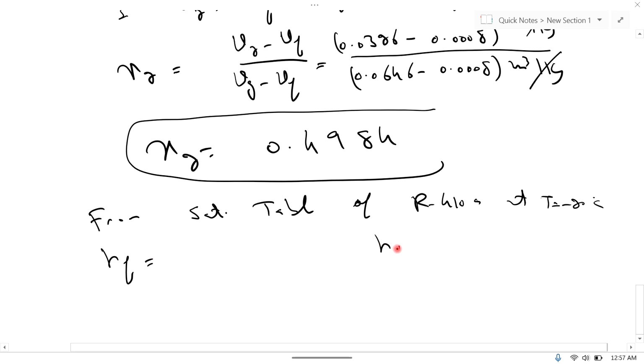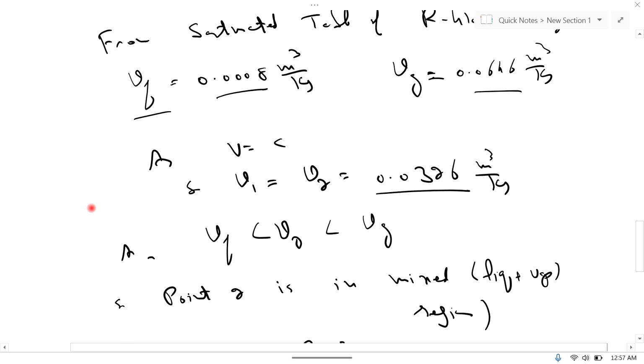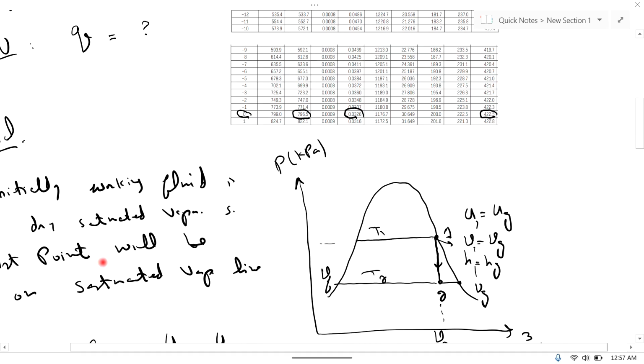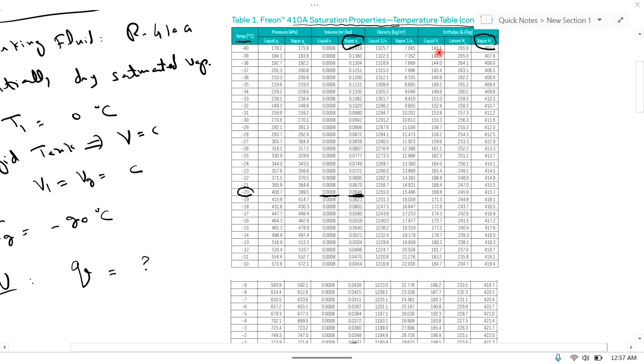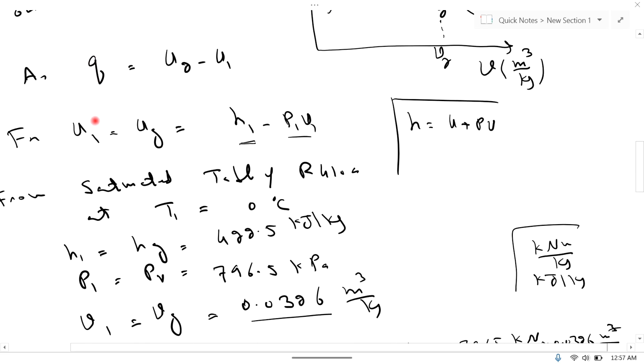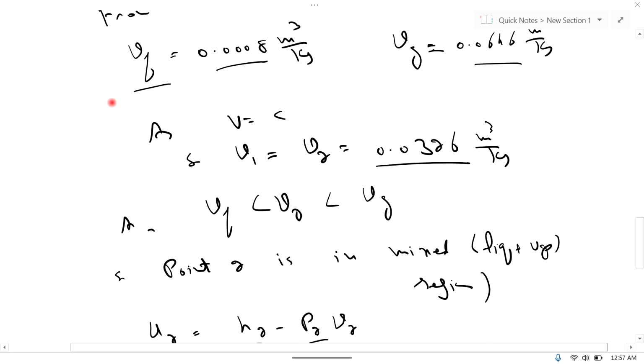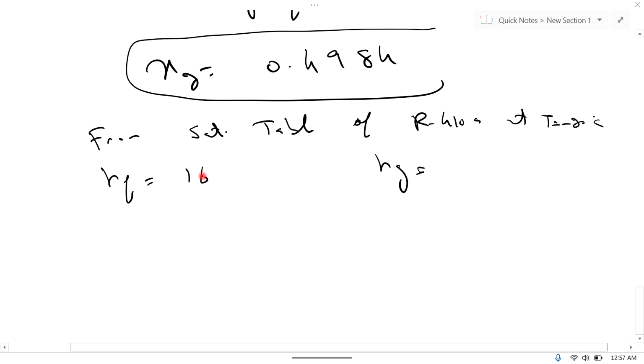Checking the table, at minus 20 degrees centigrade, Hf is 169.8 kilojoule per kg, and Hg is 415.7 kilojoule per kg.